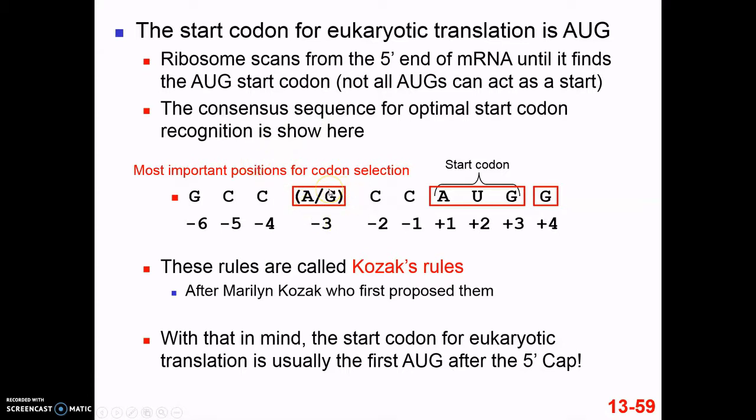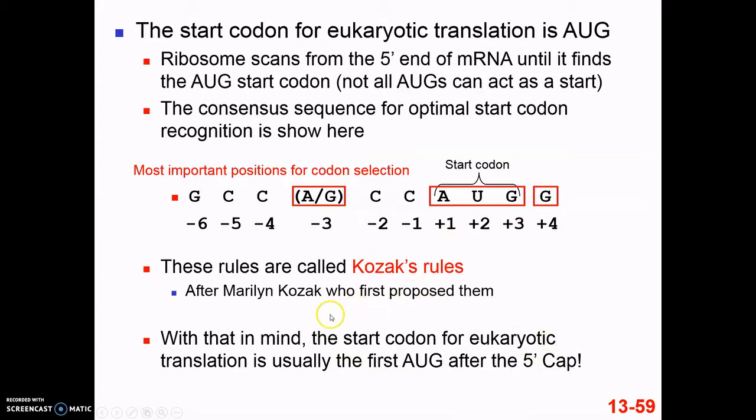Instead, what we have is upstream, we have an AG that is approximately -3 to the +1 start codon, and then we have a G that is at the +4 position. But these are called Kozak's rules, named for the individual who first discovered them.